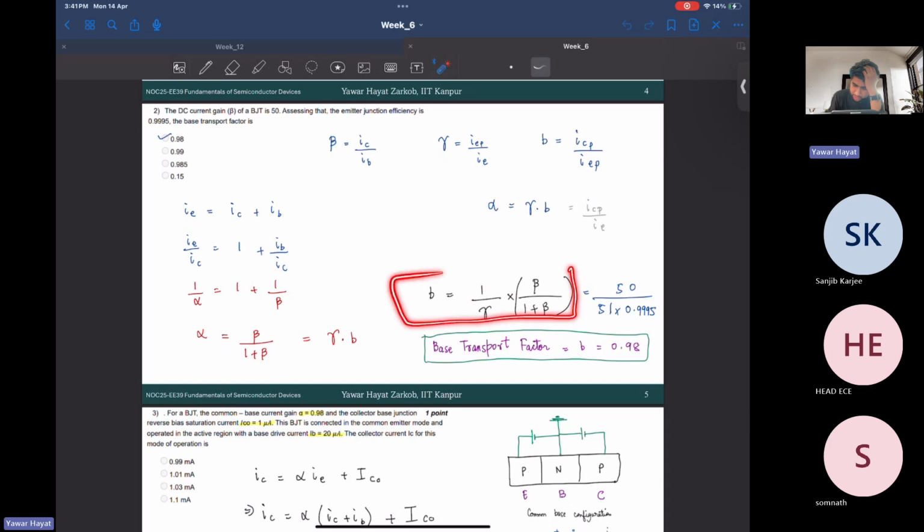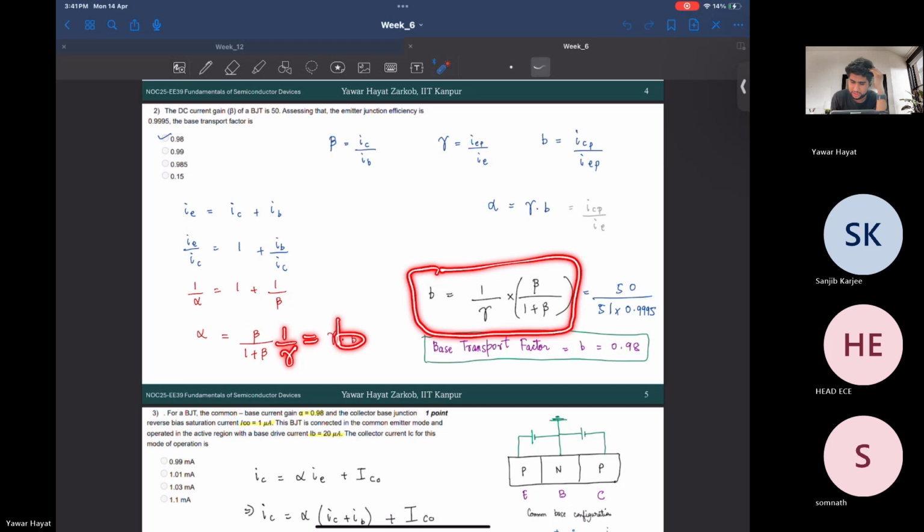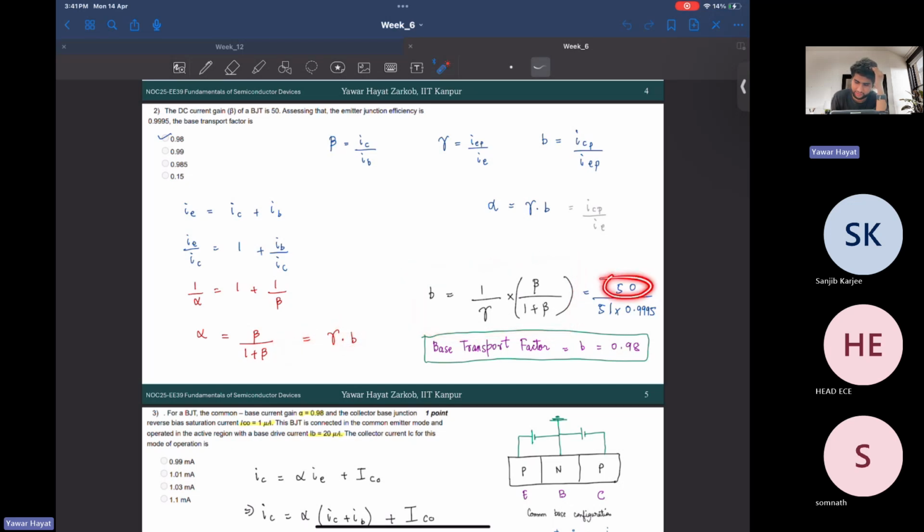Are you able to follow how I arrived at this? What I'm doing is simply taking this gamma here. This would be 1 by gamma, and this would be the B. Your beta, the DC current gain, is 50, and beta plus 1 is 51, and gamma is your emitter junction efficiency, that is 0.9995.